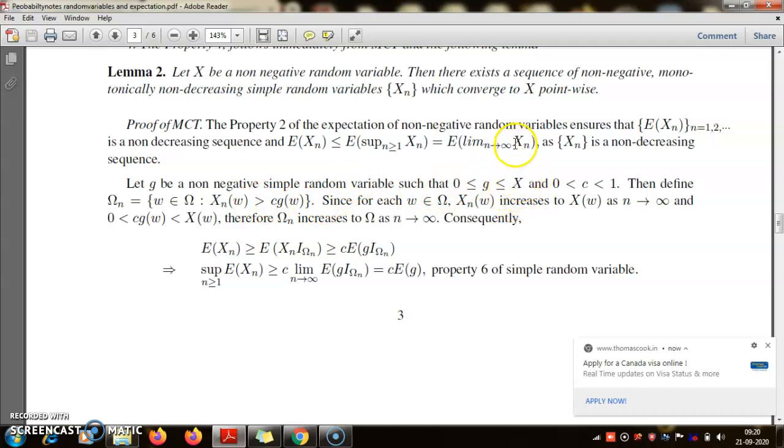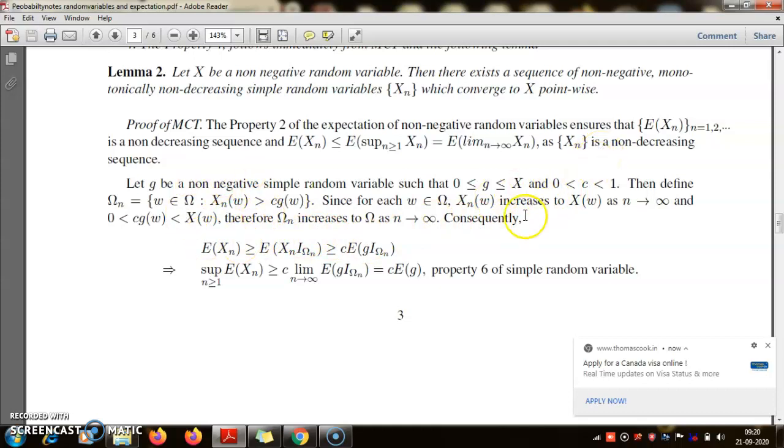By X I refer to this pointwise limit. So limit of Xn's I am denoting by X. So now define a set like this where c is a proper fraction.